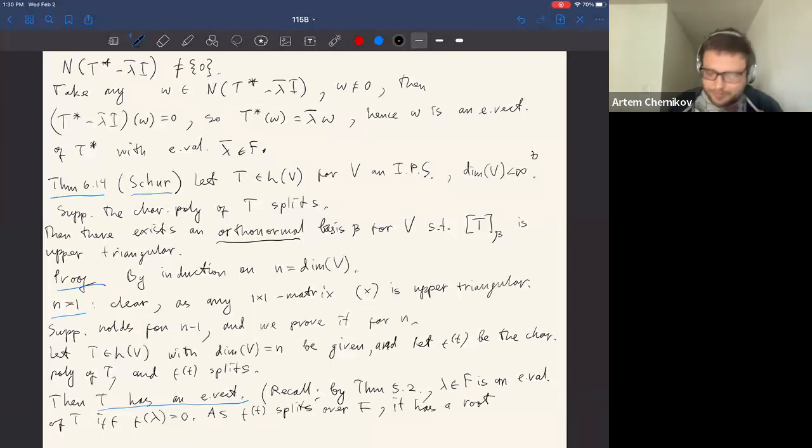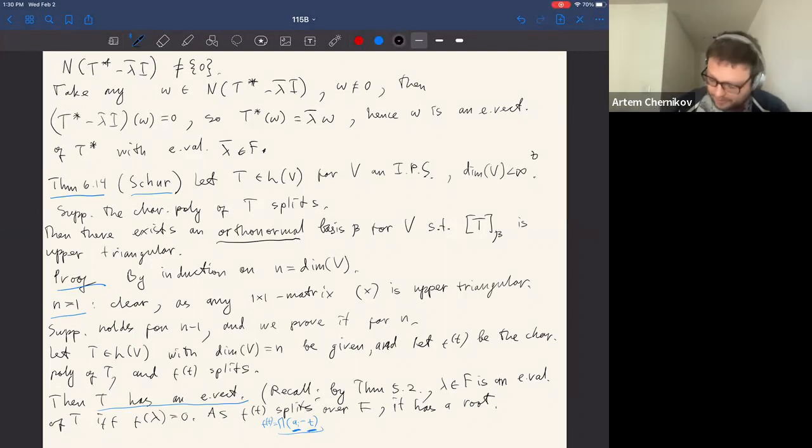Remember, splits means it can be written as a product of linear factors, something like the product of (a_i minus t), where a_i is an element of the field of scalars. Then, of course, there is a root: taking t equal to a_i makes the whole product 0. So splitting over F guarantees that there is a root in F.